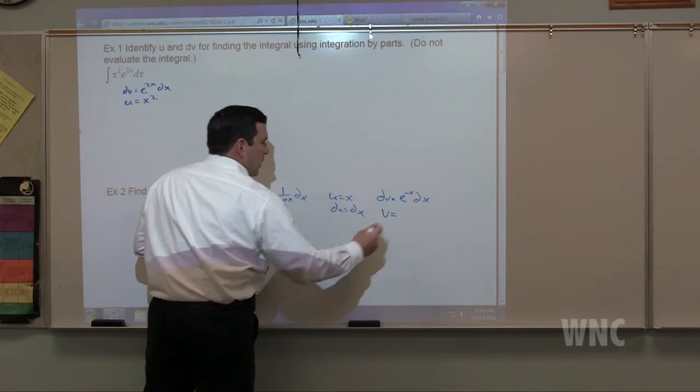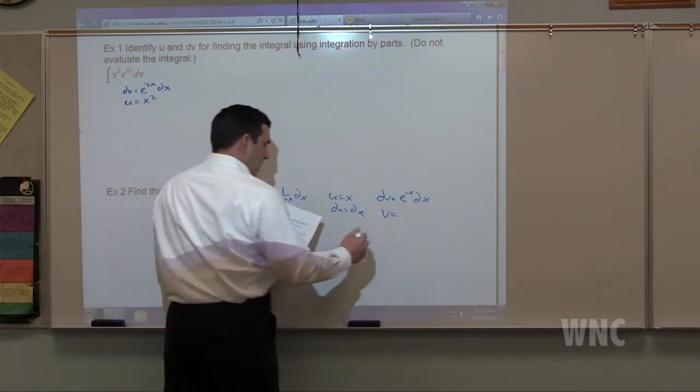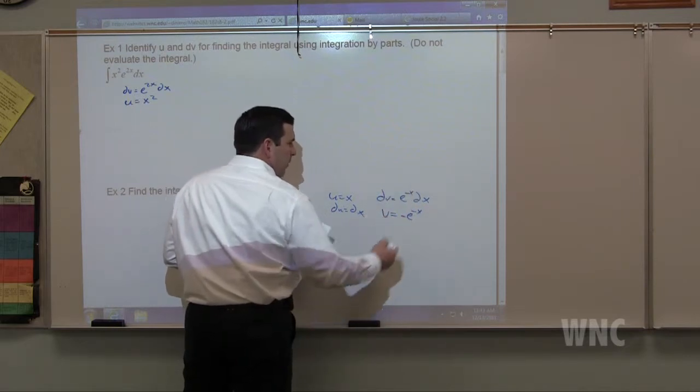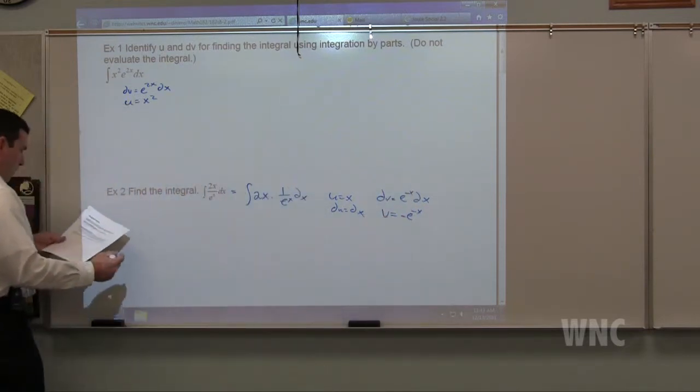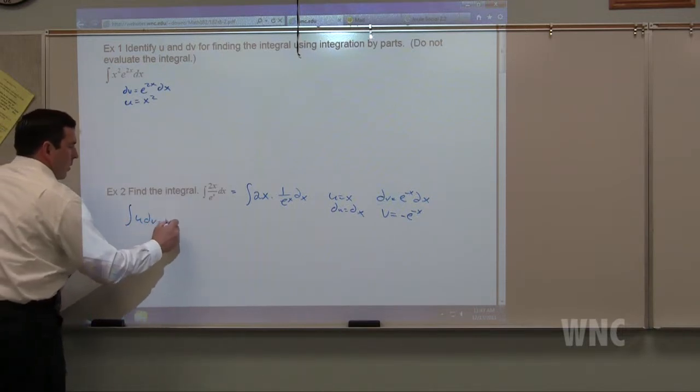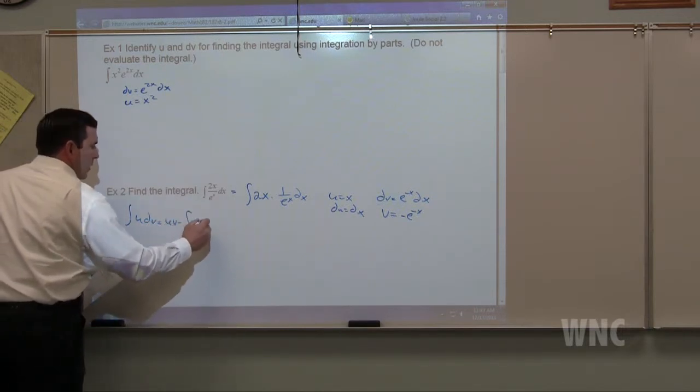So v must be negative e to the negative x. If you were to integrate that, you'd have negative e to the negative x. So we have the integral of u dv equals uv minus the integral of v du.